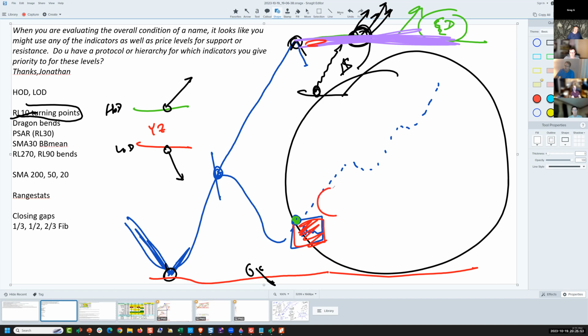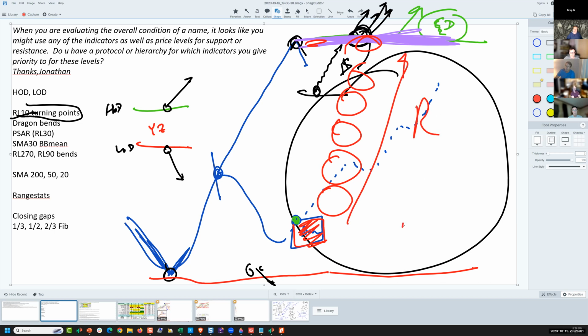This also acts as some kind of reasonable price target to the upside to help me get the reward to risk ratio computation.